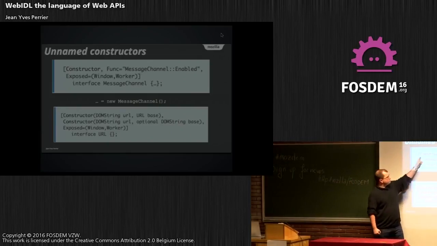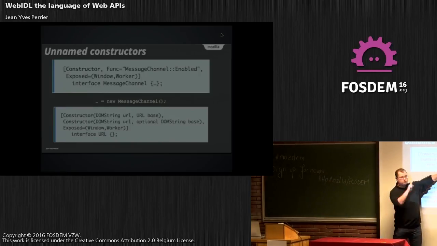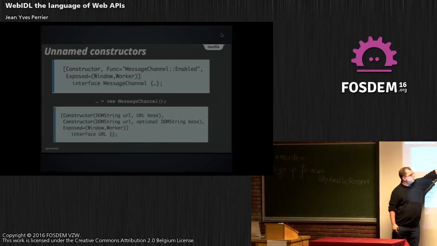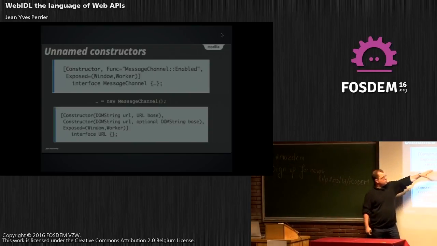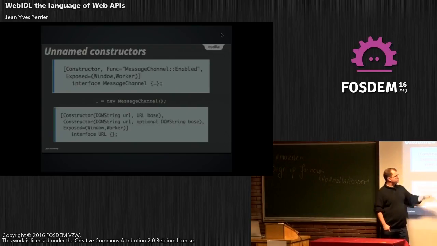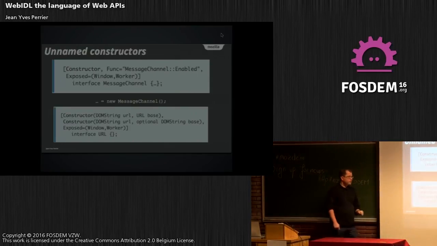For example, here we have a constructor, meaning, okay, I have a constructor, it will be called new MessageChannel, no parameter, and Func MessageEnabled means that only if this function is called with a true, this will be enabled. It works in window and worker. So you have your unnamed constructor.